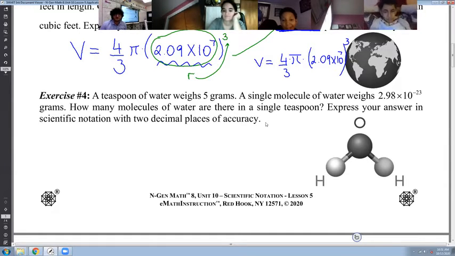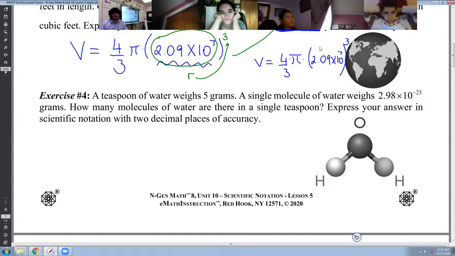A single molecule weighs 2.98 times 10 to the power of -23 grams. How many molecules of water are there in a single teaspoon? Explain the answer in scientific notation with 2 decimal places of accuracy.